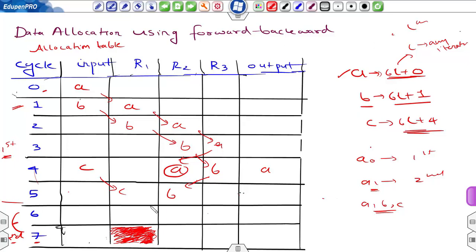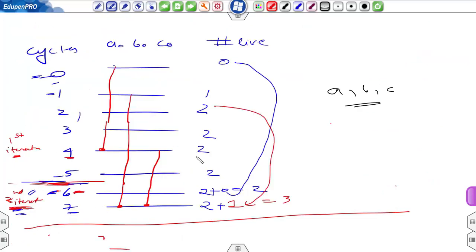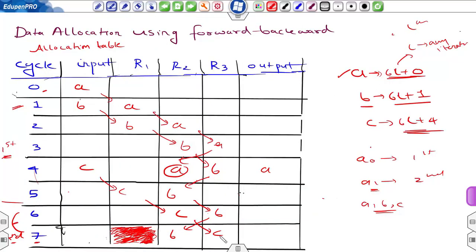Okay, and now completing this table, in the 6th cycle B will again be moved to register R3 because C needs to be moved to register R2, and during the 7th cycle B will be moved to register R2 in backward direction, because C needs to be moved to R3, and at the end of the 7th cycle B and C both will be consumed.